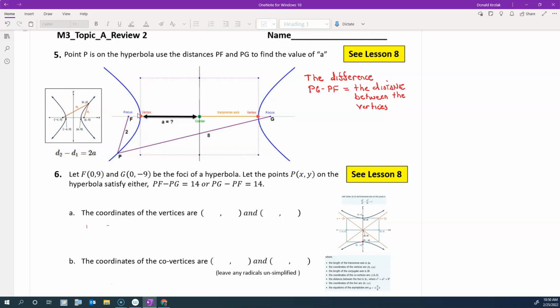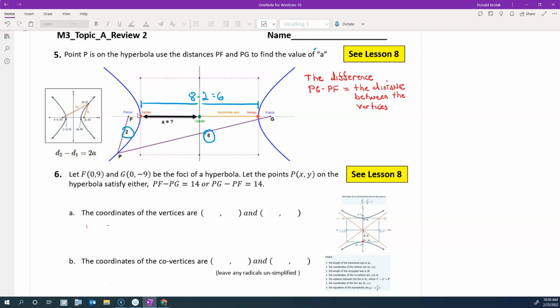Since this is a hyperbola, if I subtract those two, I get the distance between the two vertices. So this length is the difference of these two numbers.